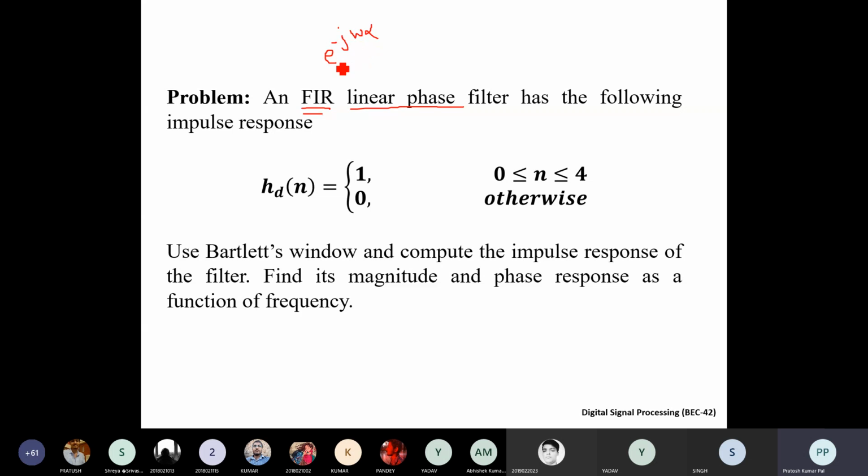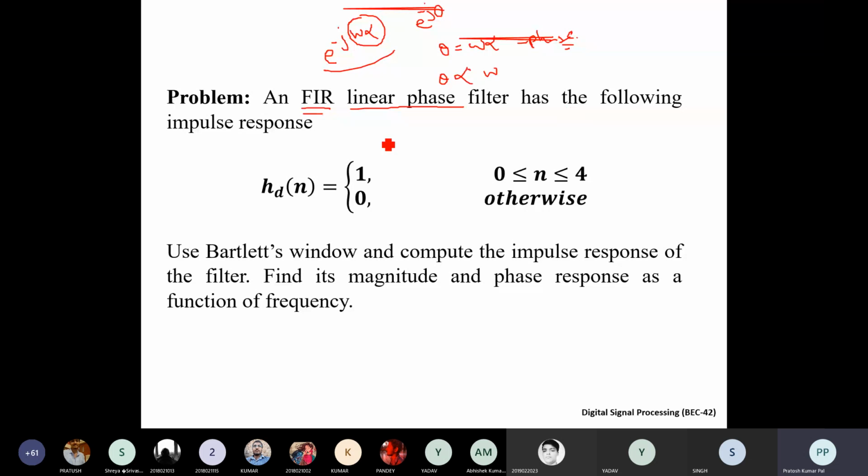So this theta will be omega alpha, and this is the phase. This phase is directly proportional to omega, so it is a linear phase system.